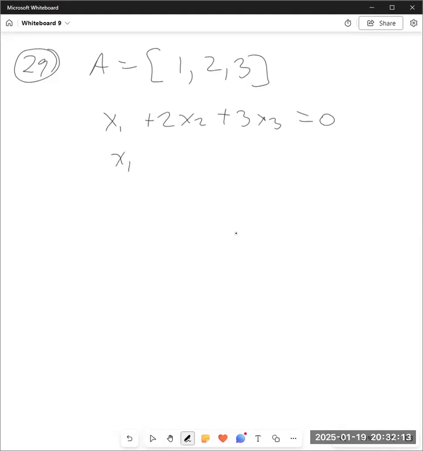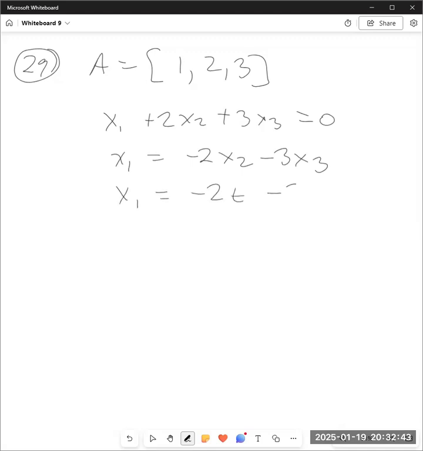I always solve for my lowest indexed variable like this. And then I know this isn't what the book does, but I want to take the next x value here and make it t, and make the next one s. Sometimes the book does that, sometimes it doesn't.